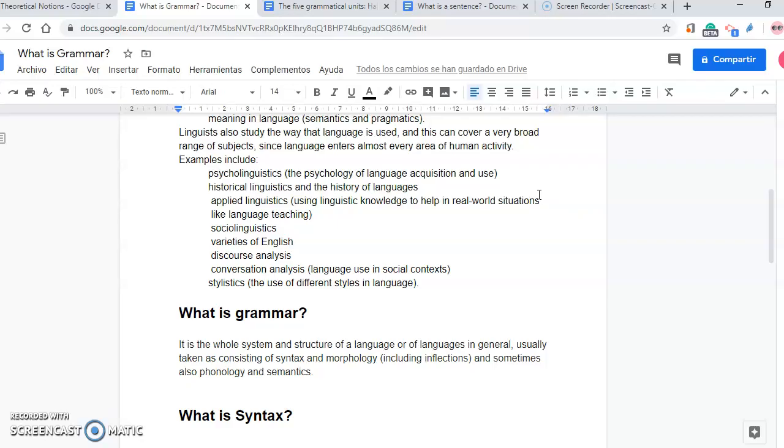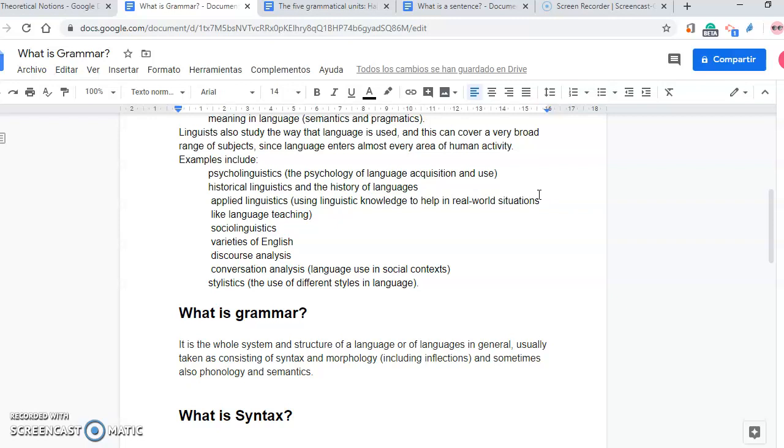And so now, yes, we go to the definition of grammar. One definition of grammar, there are many, but grammar is the whole system and structure of a language. System and structure. And it depends on what area we are going to study. We are going to focus on the system or the structure.